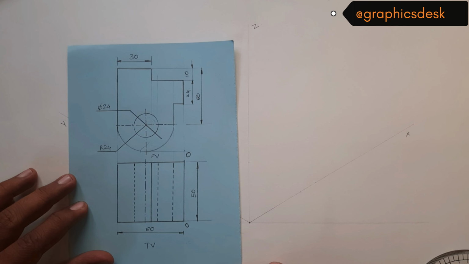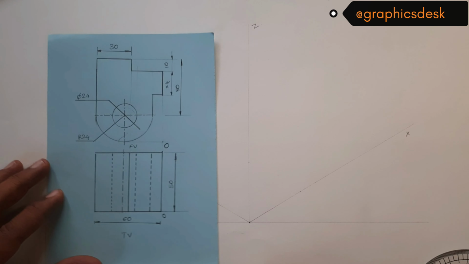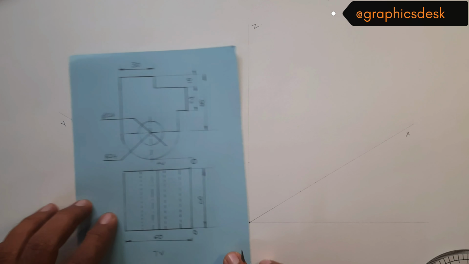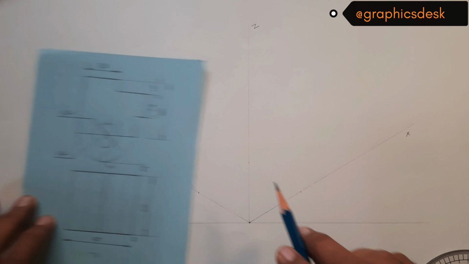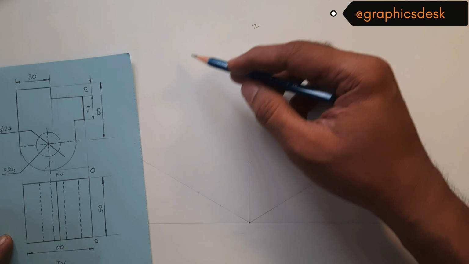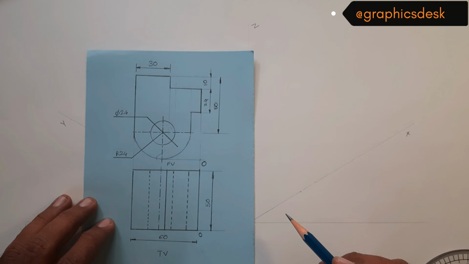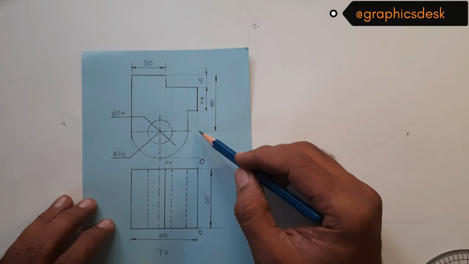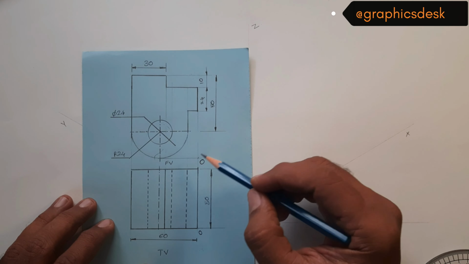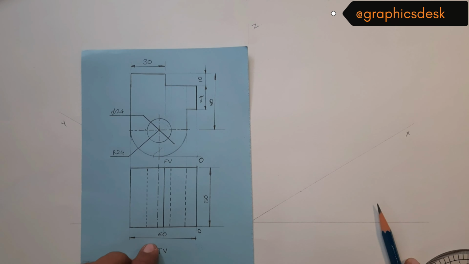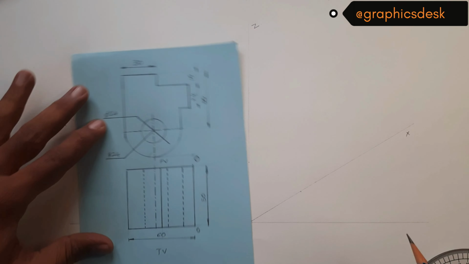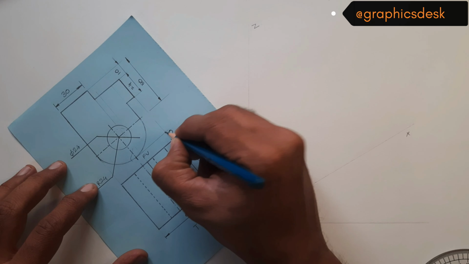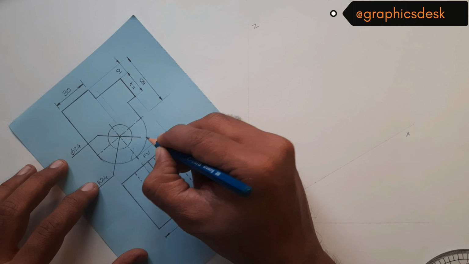Now what we have here is, this particular face, this particular view, would be visible somewhere here and the top view here. So let's look at the center first, which is from the origin 24 mm and vertically up. From this face it is 60 minus 24, so this particular part would come as 36 mm.